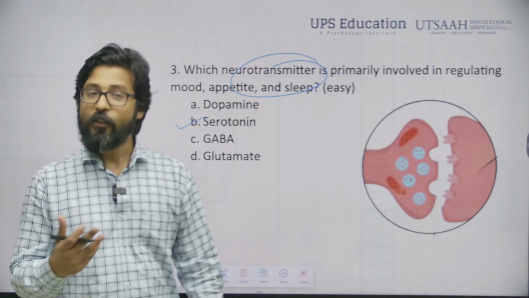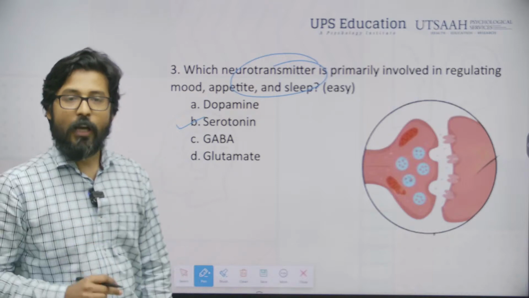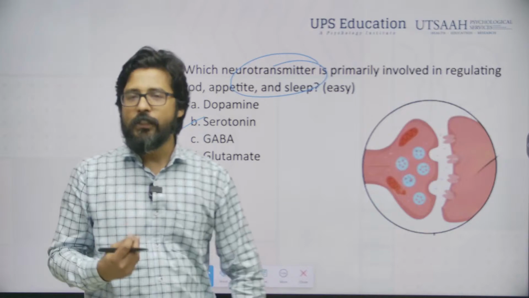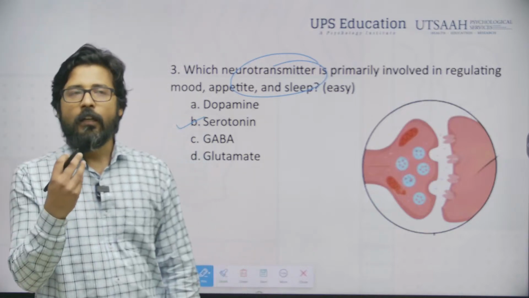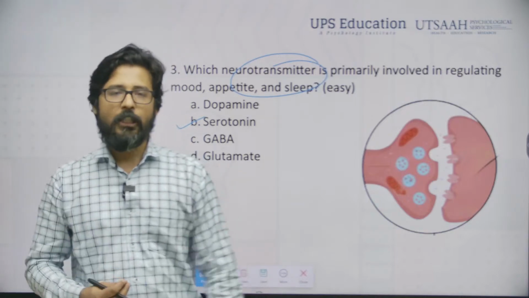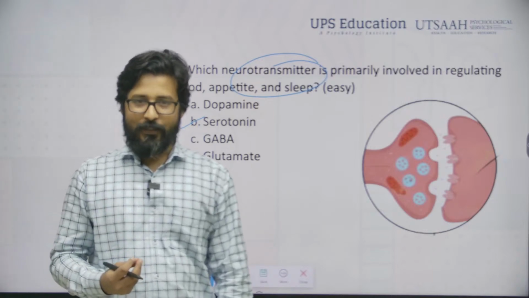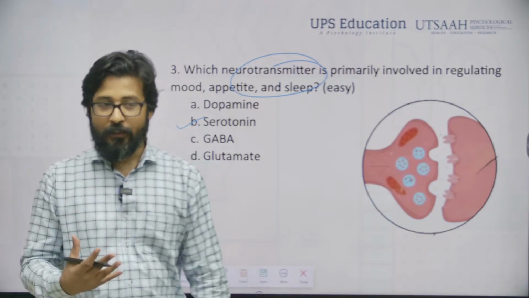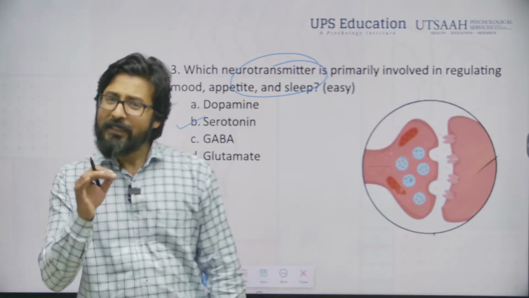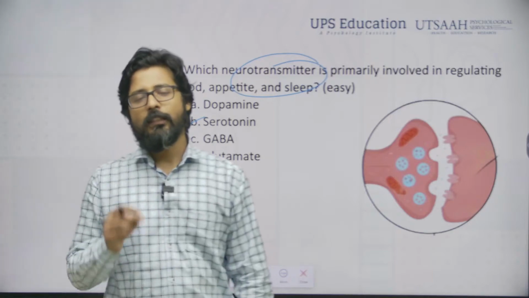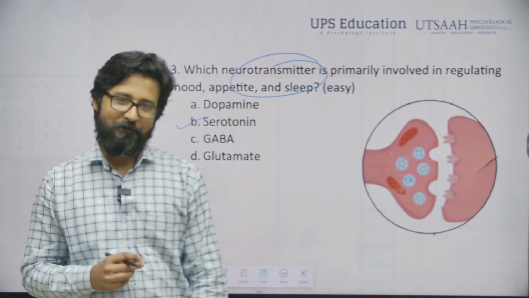That's why dopamine is not the right answer. GABA is an inhibitory neurotransmitter that helps reduce neuronal excitability, promoting relaxation and reducing anxiety, but it is not specifically related to mood, appetite or sleep.